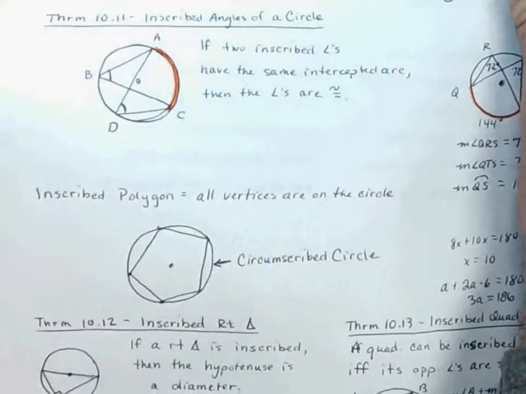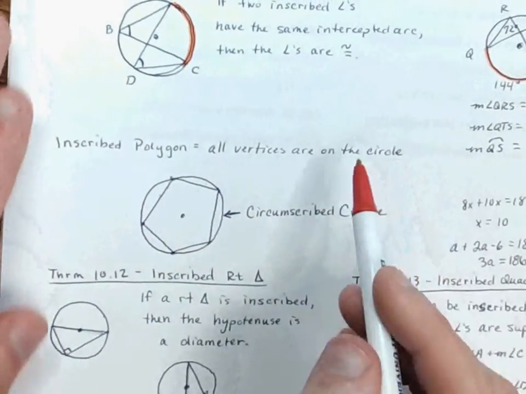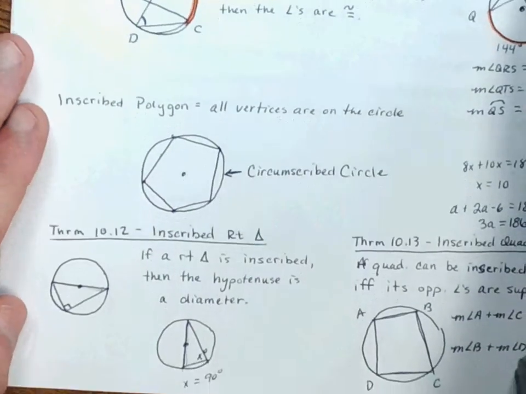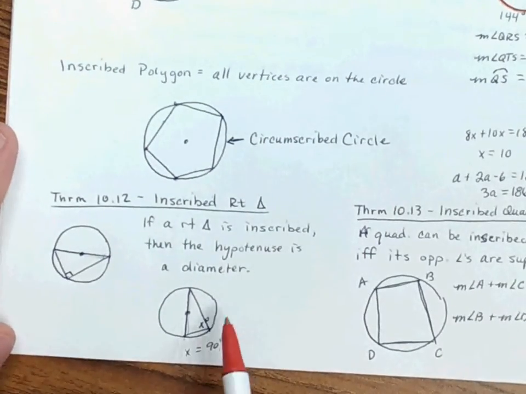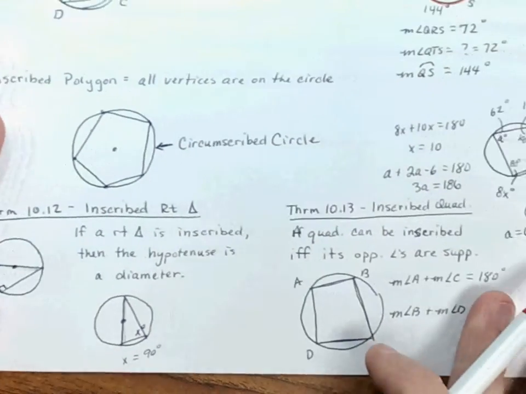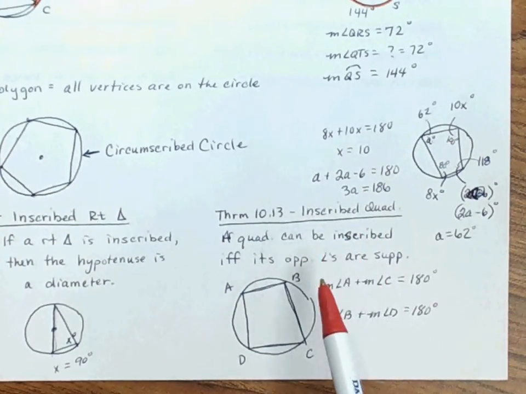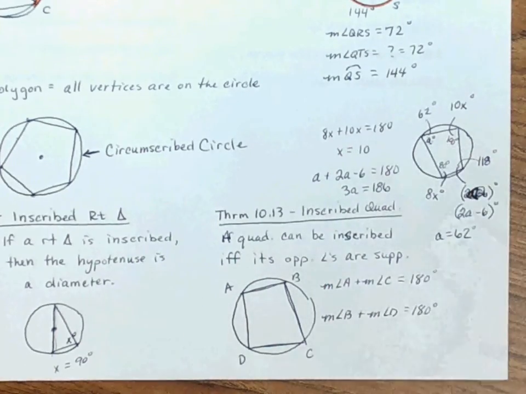If we have an inscribed polygon, that means that all the vertices are on the circle. Right? If we have an inscribed right triangle, then the hypotenuse has to be a diameter. Right? And then the last thing we talked about was if we have a quadrilateral that is inscribed, the opposite angles have to be supplementary. All right? Okay, that's it for 10.4.